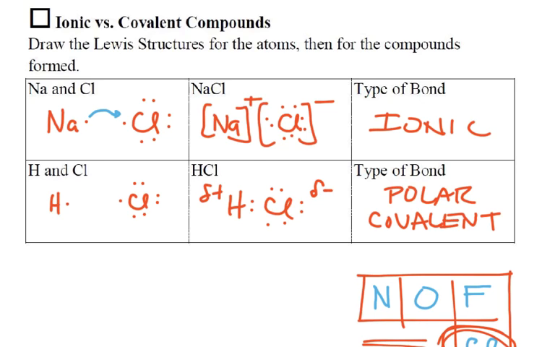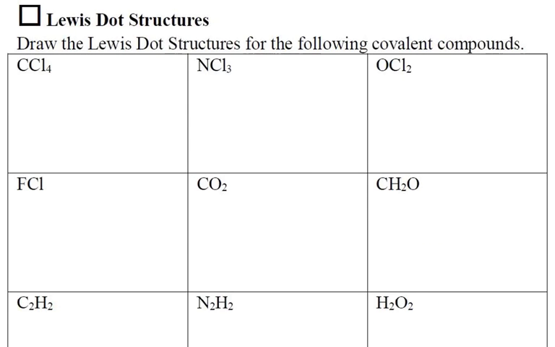Okay, second question is talking about Lewis dot structures. So carbon and chlorine, hopefully we're getting pretty good at this. Carbon, we know it can make 4 bonds. Chlorine, because it has 7, can make 1 bond. So we know that bonds are going to occur where there is a single electron. So these two are going to make a bond.